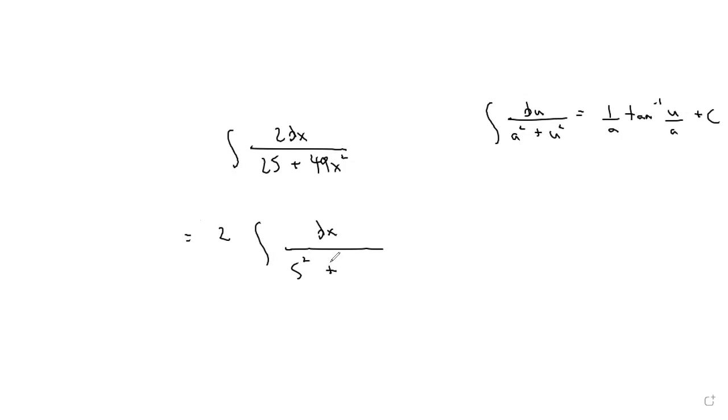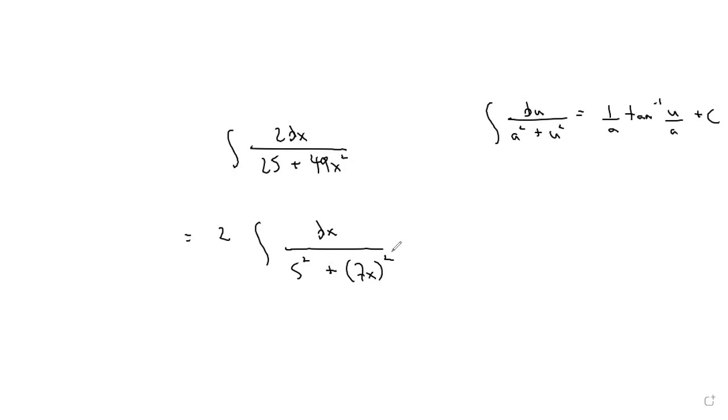What I would do is take 7 and x and put brackets around both of them, and put the square around the brackets. Then it's technically applied to both of them. If you imagine the square attaching to the 7, you've got your 49, and if it attaches to the x, you've got your x squared. So it is the same thing, but now finally it's in the form of a squared plus u squared, where u happens to be 7x.